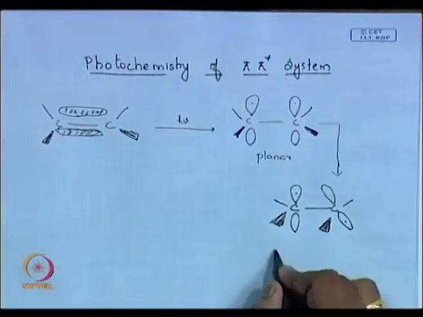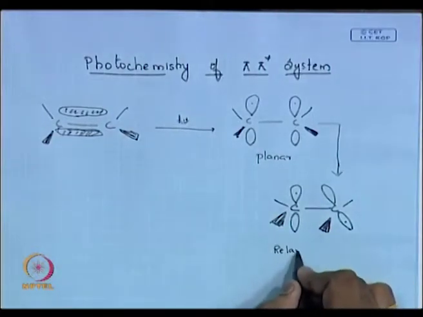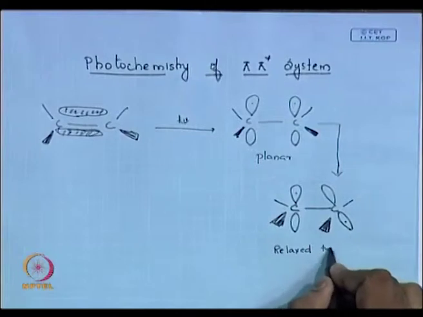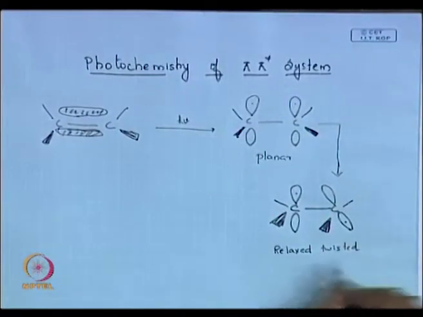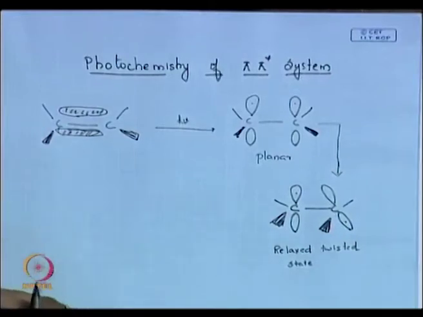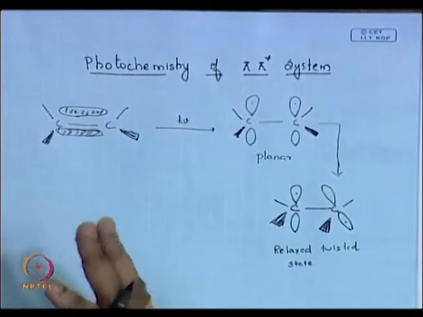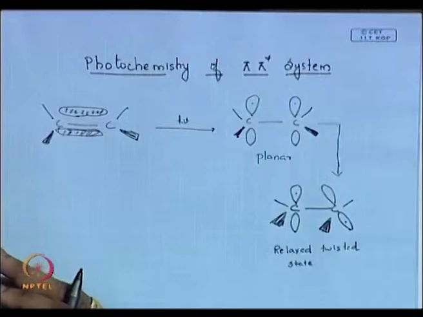Since it is a twist, it should not be allowed, but that is why you call it a relaxed twisted state. It is like comfortable there doing this twist. I will explain why.